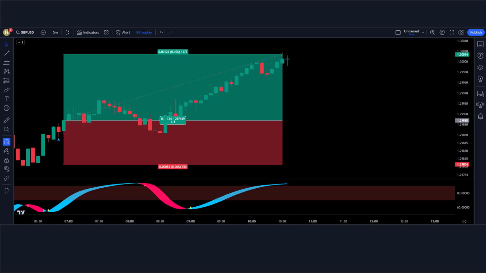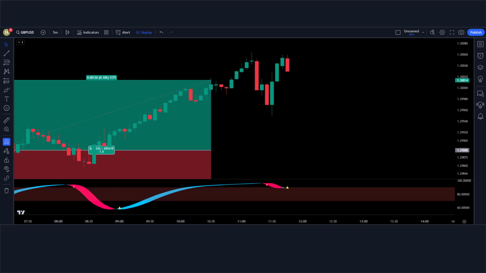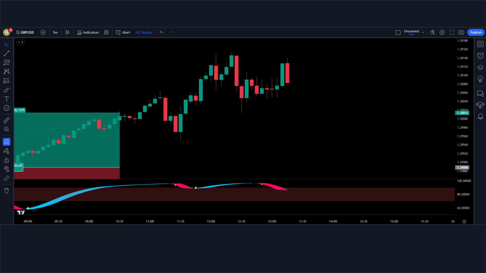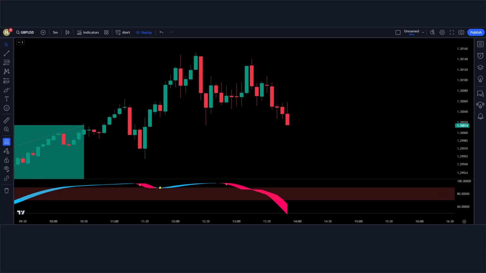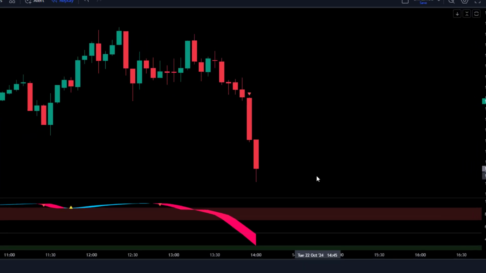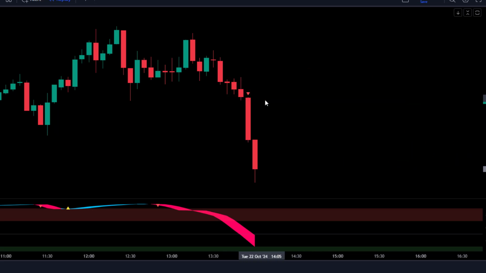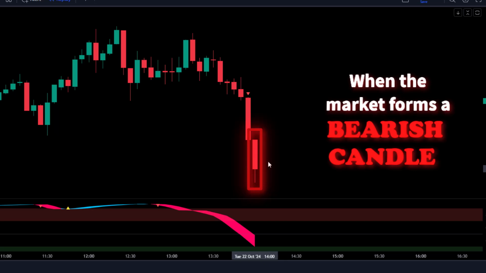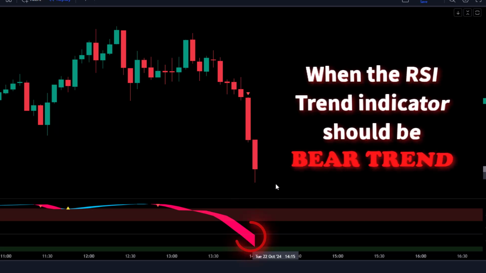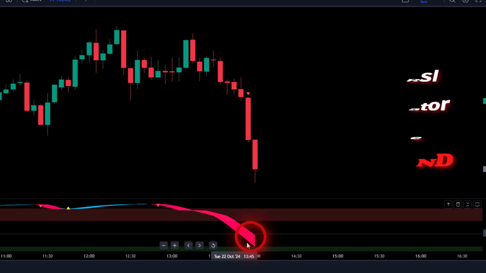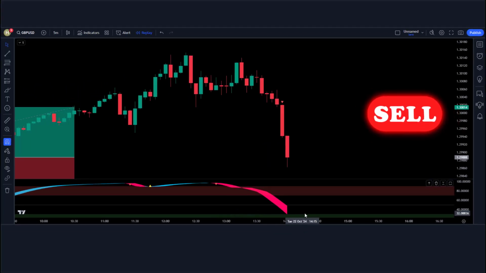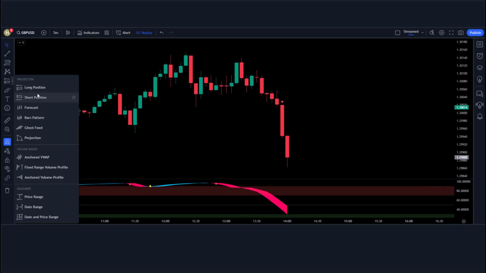Now let us understand short position. When the trend buy sell signal indicator has given us sell signals. When the market forms a bearish candle. When the RSI trend indicator should be bear trend. If this condition is fulfilled, then we will place sell order.